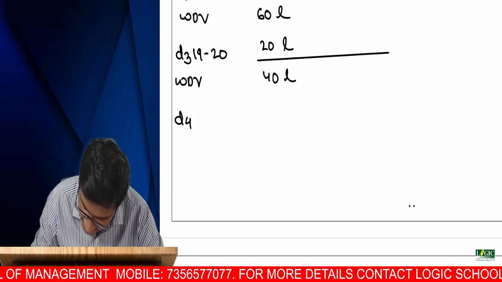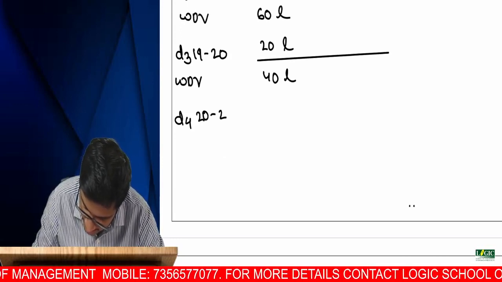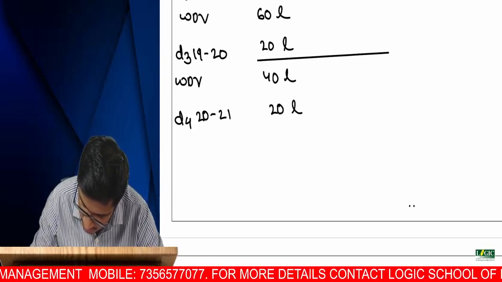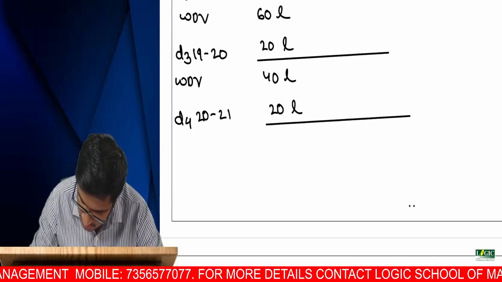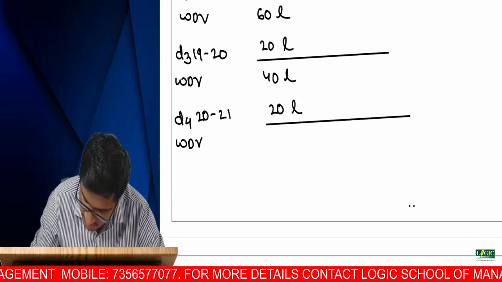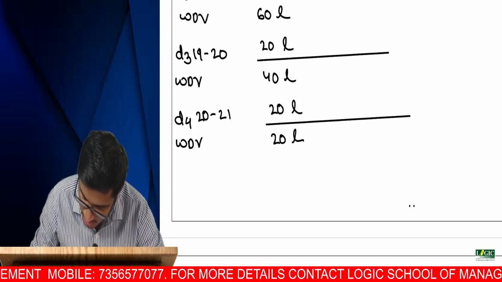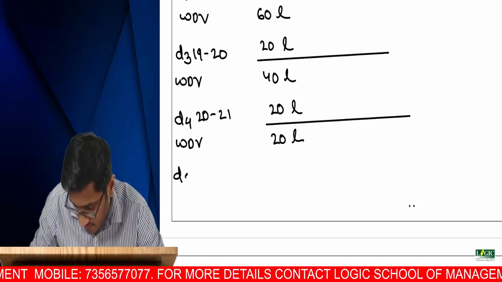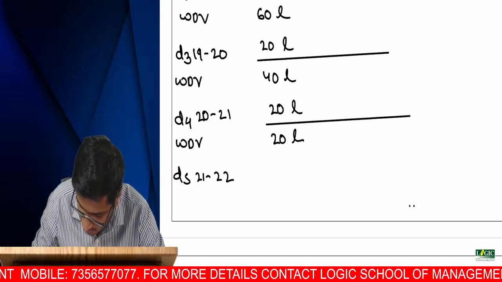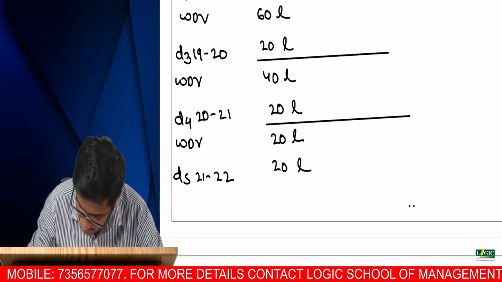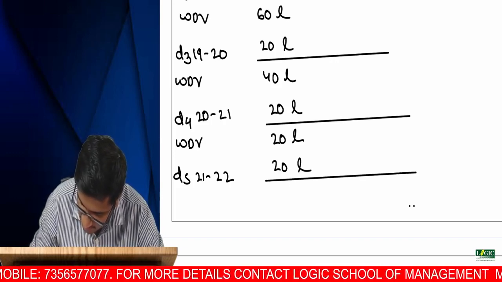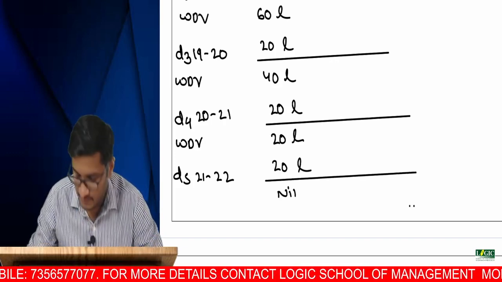What is depreciation 4? 2021. 20 lakh. So what is WDV? 20 lakh. And what is depreciation 5? That is 21-22. 20 lakh. And what is the value of asset? Okay.